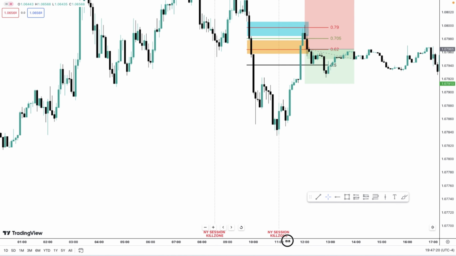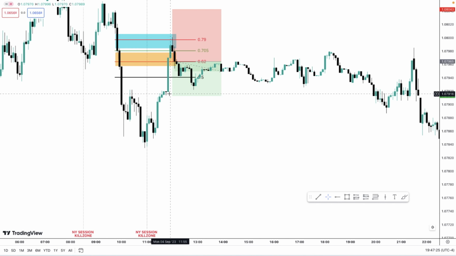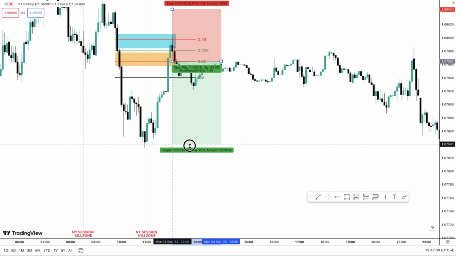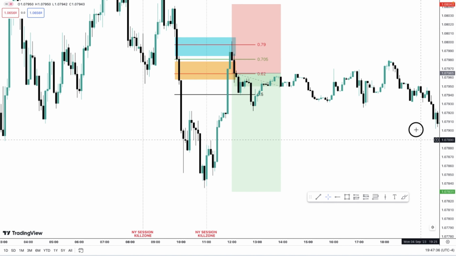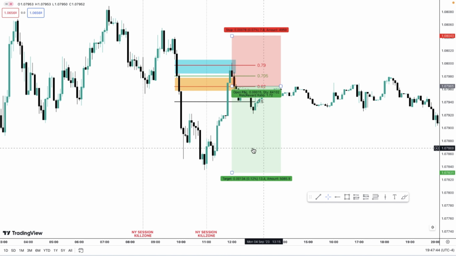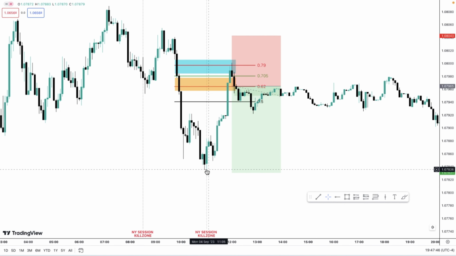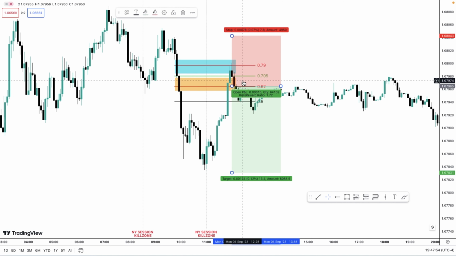For take profits, you'll be using your standard deviations, but for the sake of simplicity, let us target this low. I know my stop loss looks like it's a lot, but really it's not, because I'm still here to share some stuff with you.